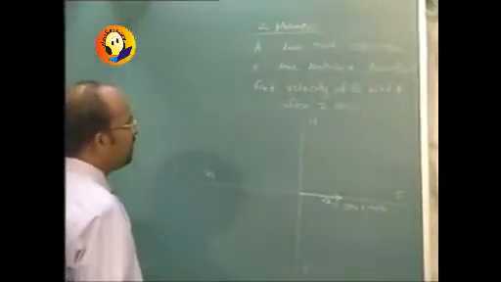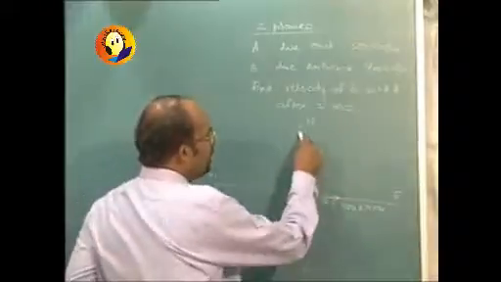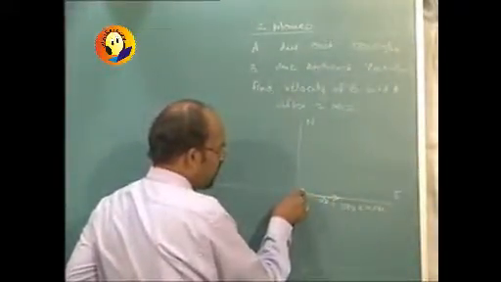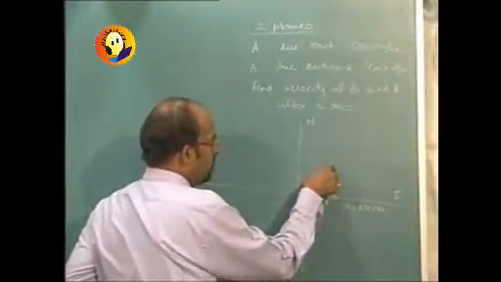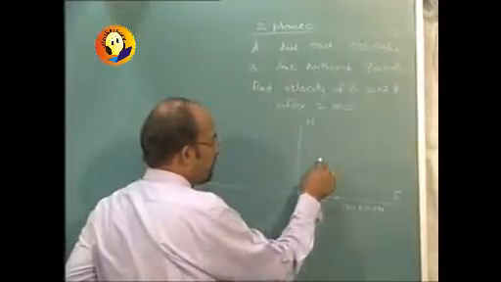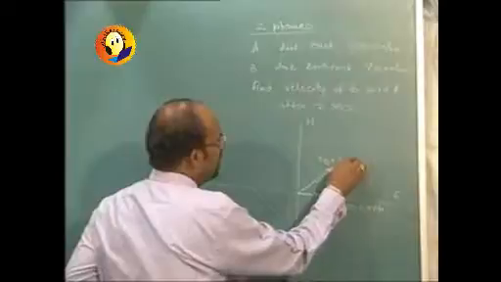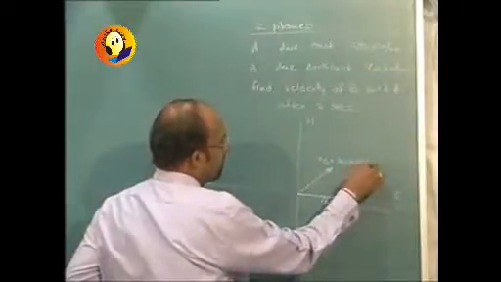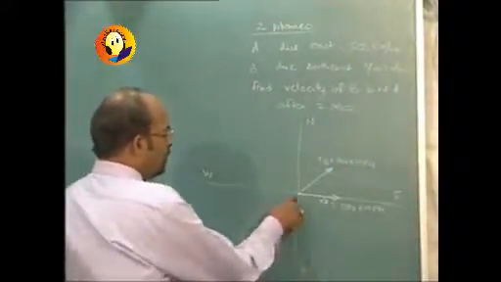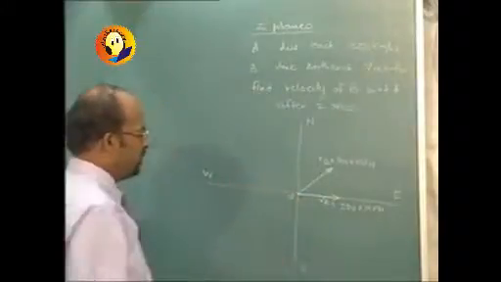Plane B is moving in the northeast direction, and the velocity of B is given to us as 700 kilometers per hour. Both are at point O initially.